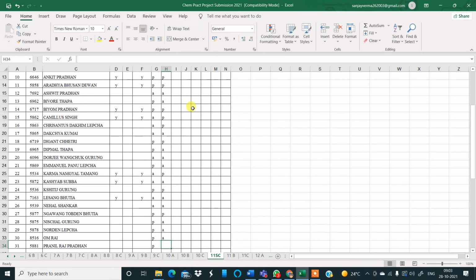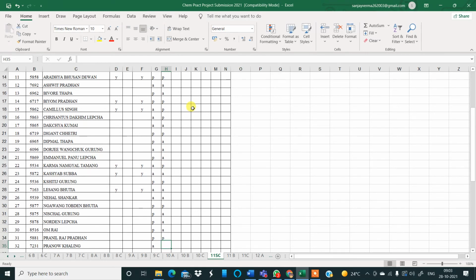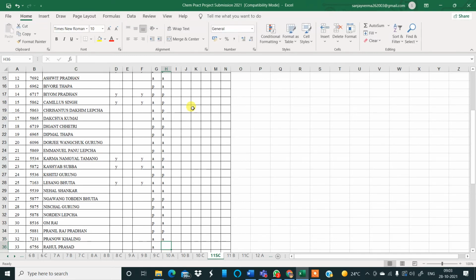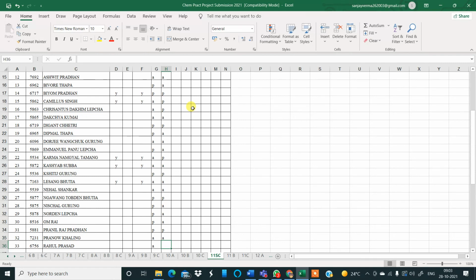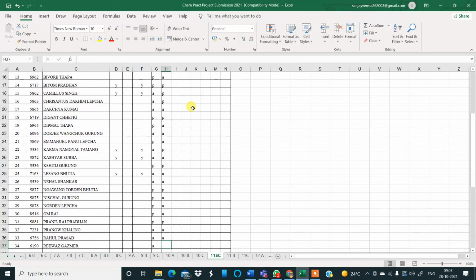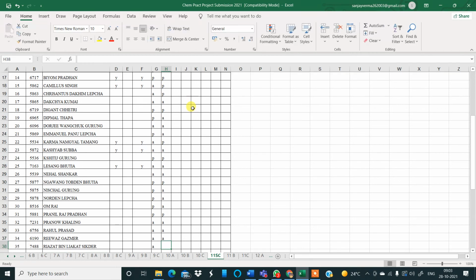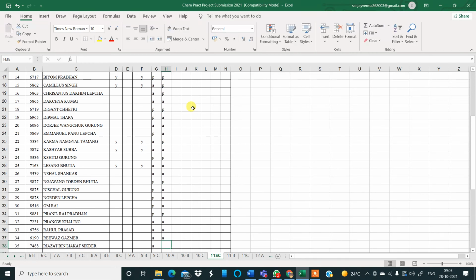Okay. Pranil Raj Pradhan, present, sir. Then Pranav Khaling, absent. Rahul Prasad, absent. Rivas Gazmer, absent. Riyazat bin, absent.